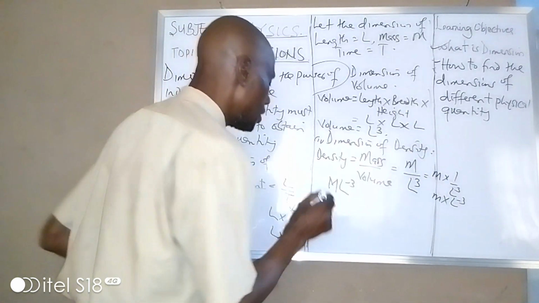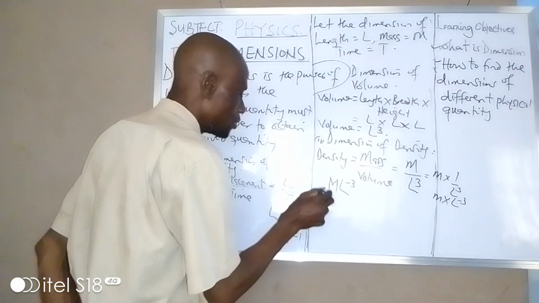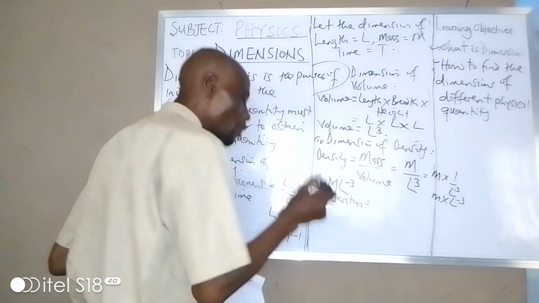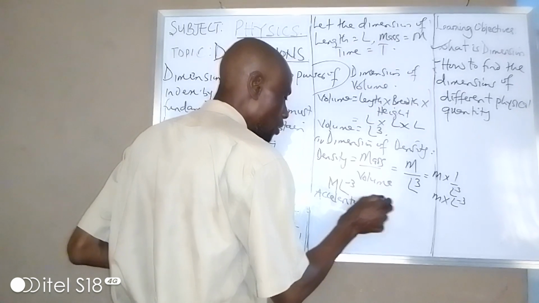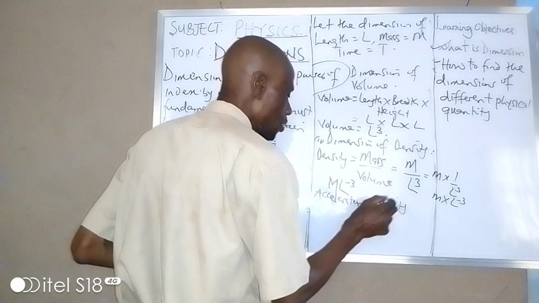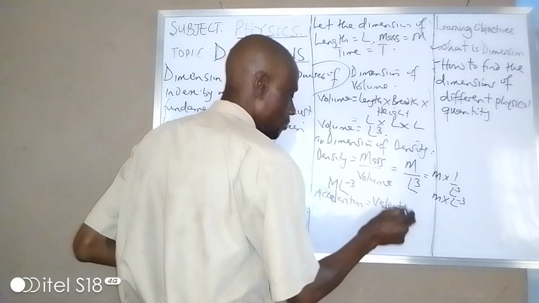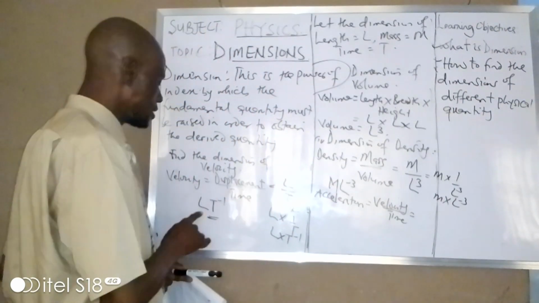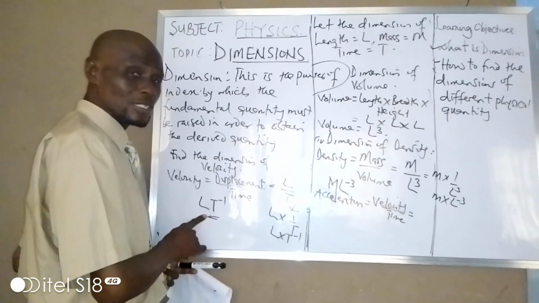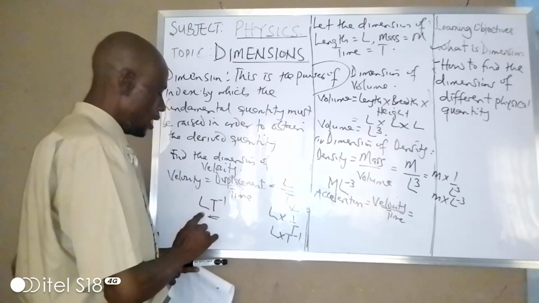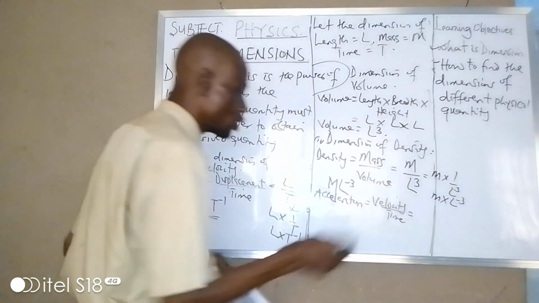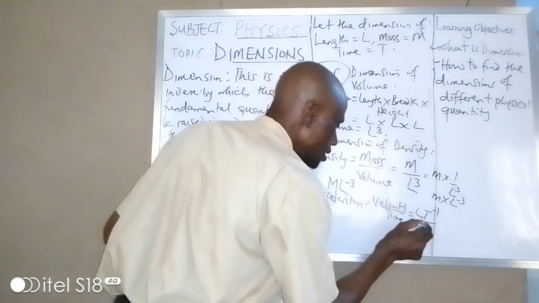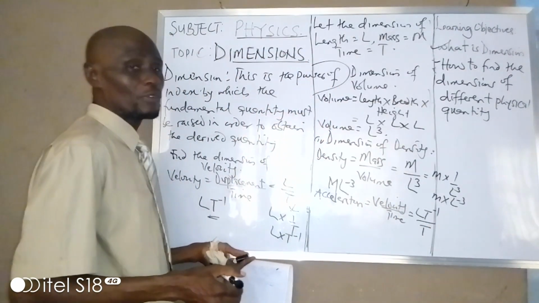What about acceleration? Acceleration dimension. The formula of acceleration is what? Change in velocity, velocity all over time. Okay? Velocity all over time. And if you look here, we have succeeded in calculating the dimension of velocity. Velocity is L T raised to power minus 1. Just put it here. L T raised to power minus 1. And your T still remains capital T for your time.